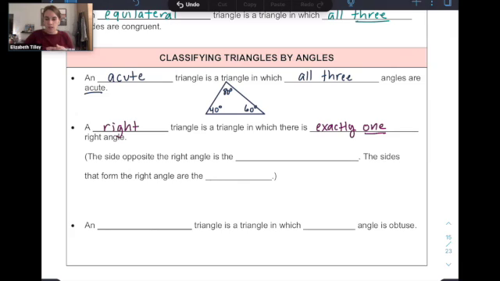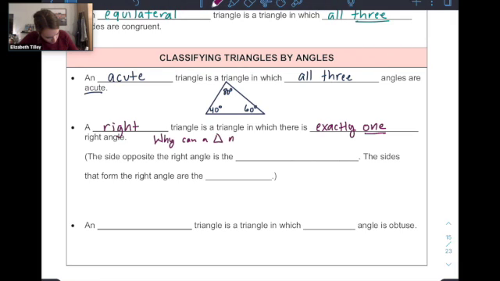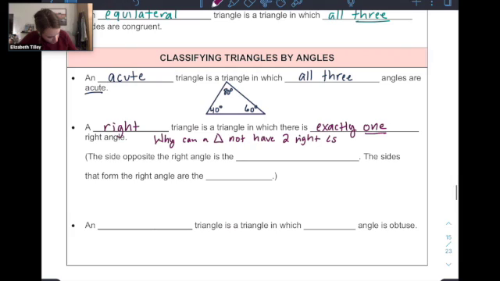And in the Ed puzzle, it's going to pause here in just a second and ask you to answer this question. A right triangle can only have one right angle. I want you to think about what you remember about the angles in a triangle, and I want you to type in some explanation of why it is impossible for a triangle to have two right angles.